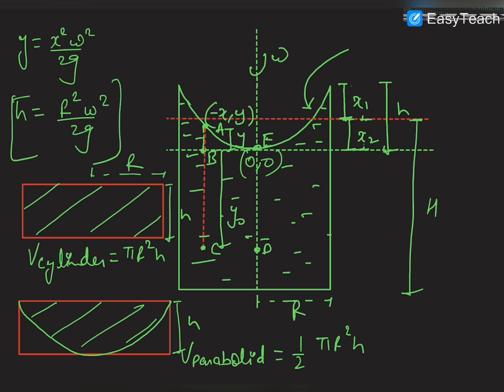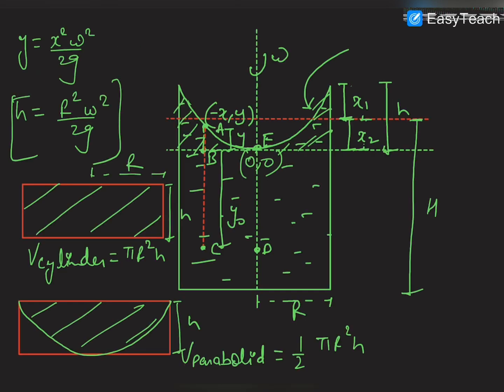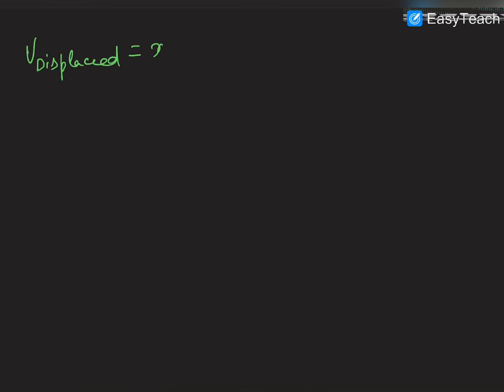I am shading this part. So the liquid which was initially inside this cylinder is the liquid displaced. Let us find out the volume of liquid displaced. The volume of liquid displaced is equal to this volume, and this volume is x2 into pi r square.